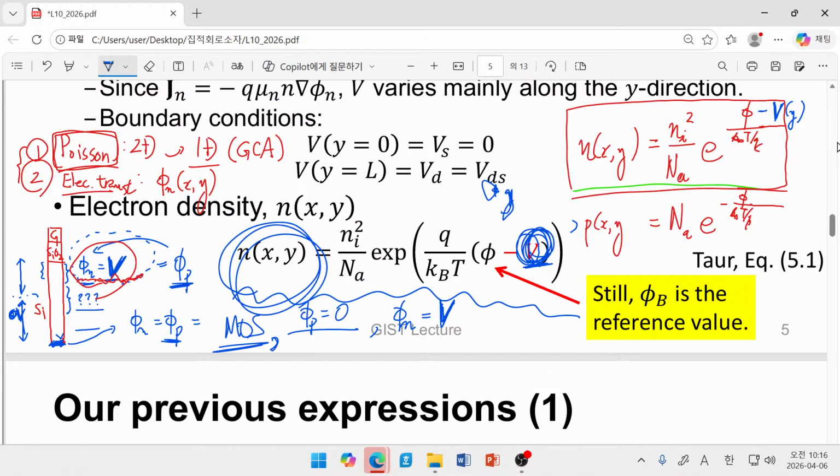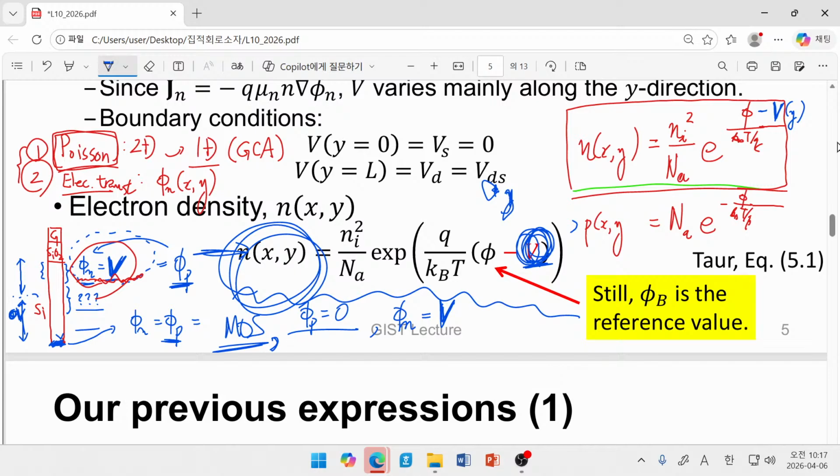Then you will find that the modification is quite limited and concentrated. Only one single term is modified by this new expression for your electron density. I think that will be quite helpful for your understanding of this problem.